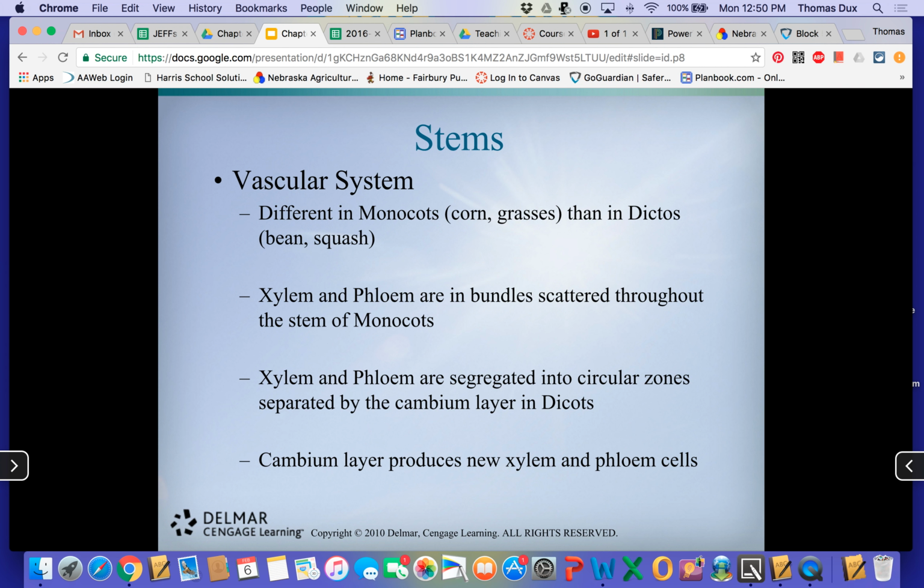The vascular system, like we said, is different in monocots than dicots. In dicots, the vascular bundles are around the outside. In monocots, they're distributed all throughout. What type of roots do monocots have, a taproot or a fibrous root?